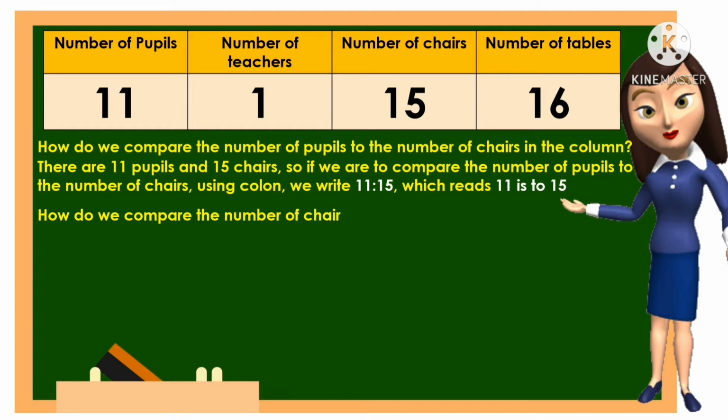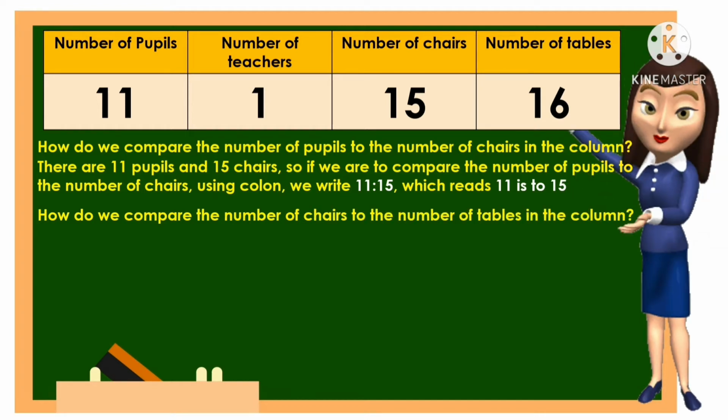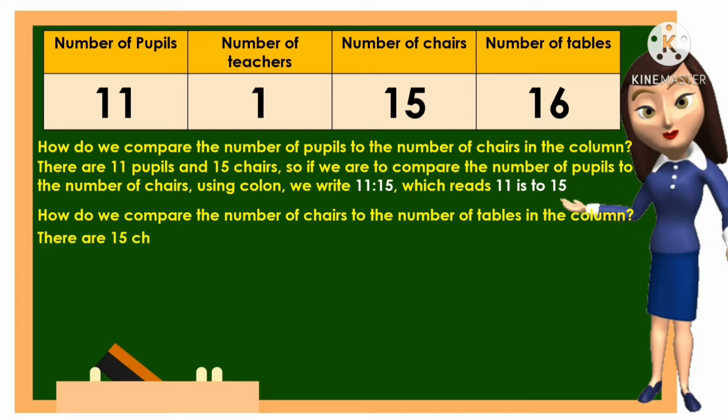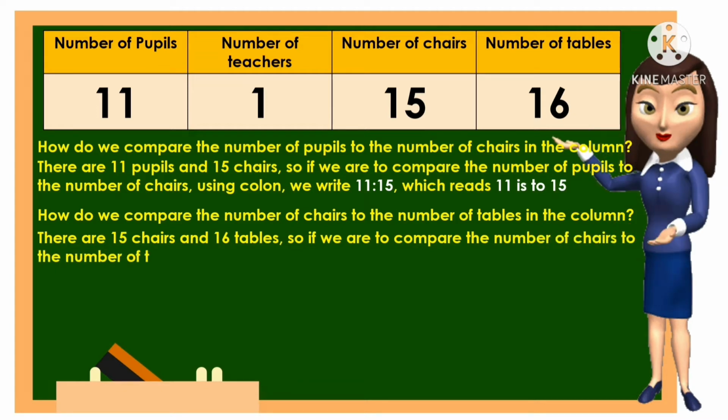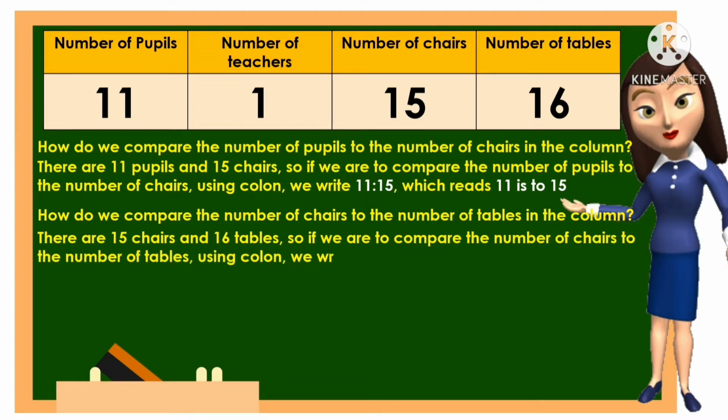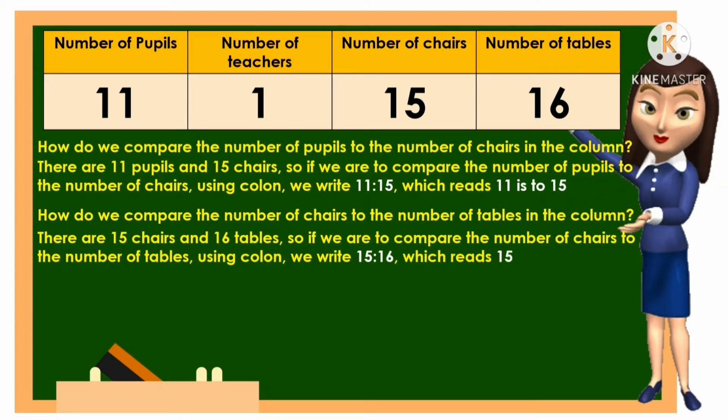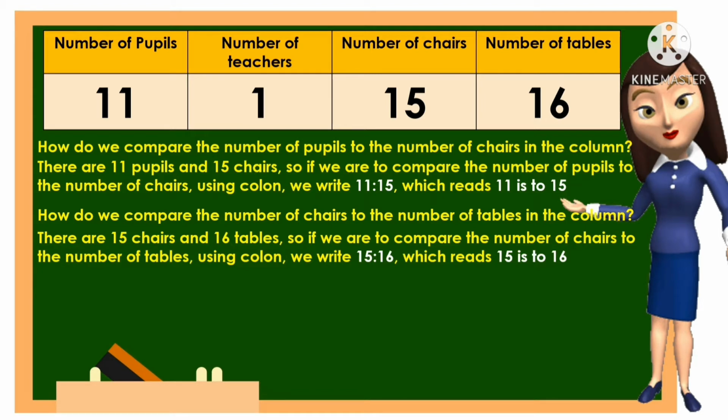How do we compare the number of chairs to the number of tables in the column? There are 15 chairs and 16 tables. So if we are to compare the number of chairs to the number of tables using colon, we write 15 is to 16, which reads 15 is to 16.